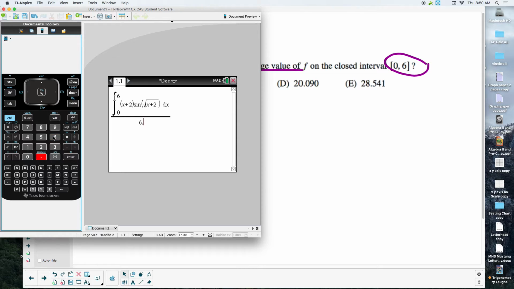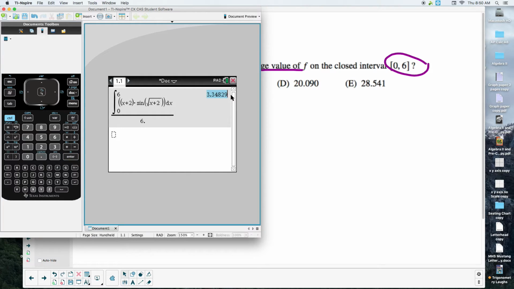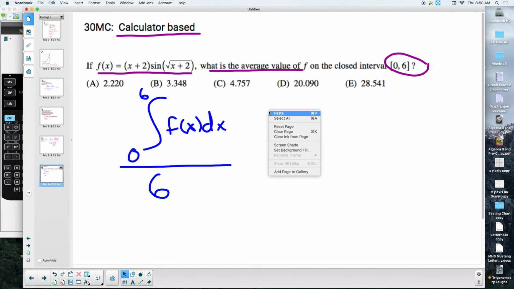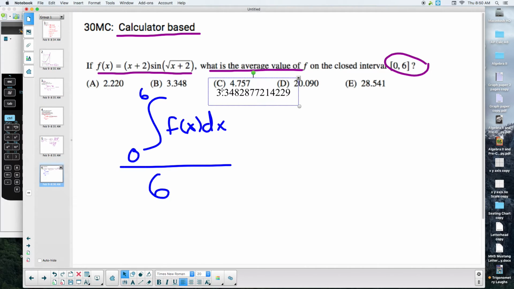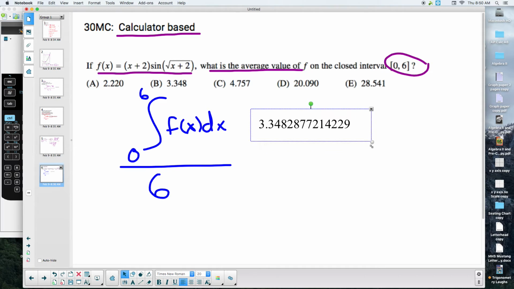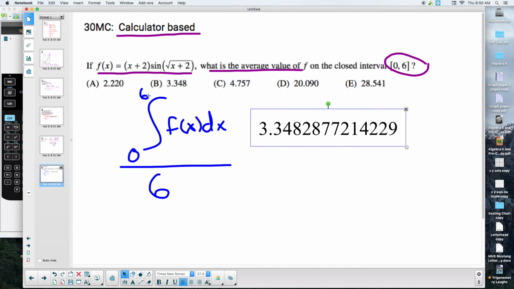I'm going to put my decimal point in right now so I don't have to go through the whole multiplying by 1.0. And my answer is 3.348, which is B.